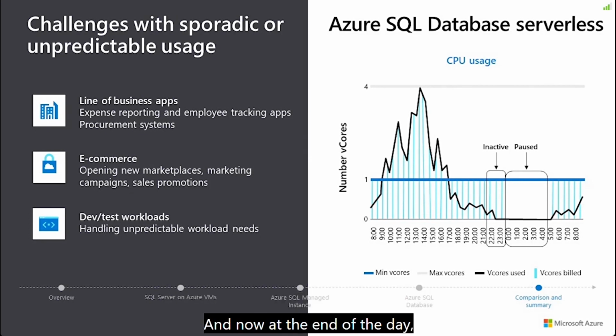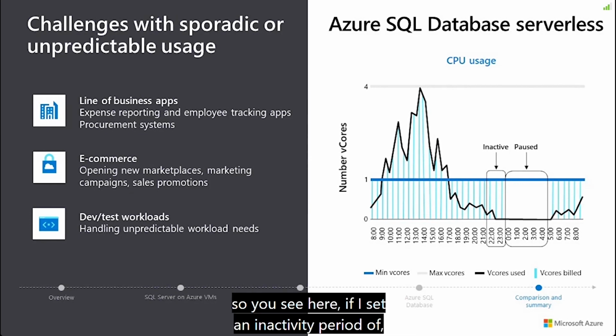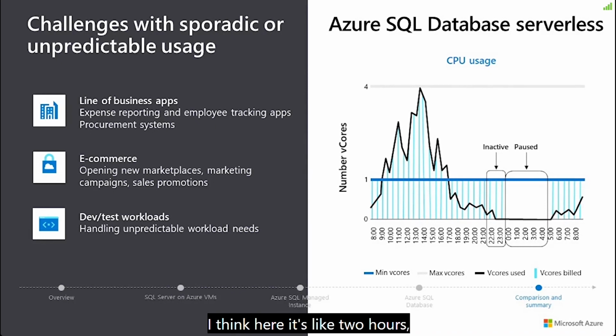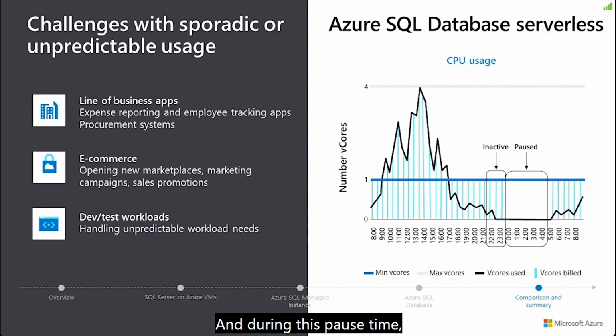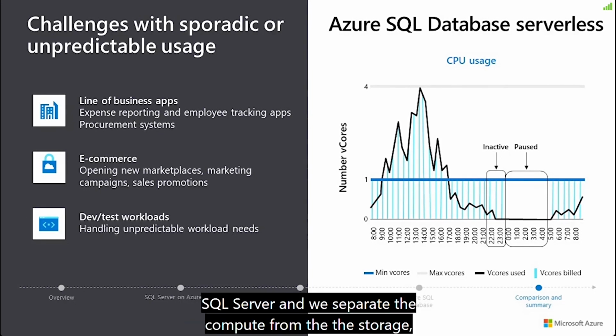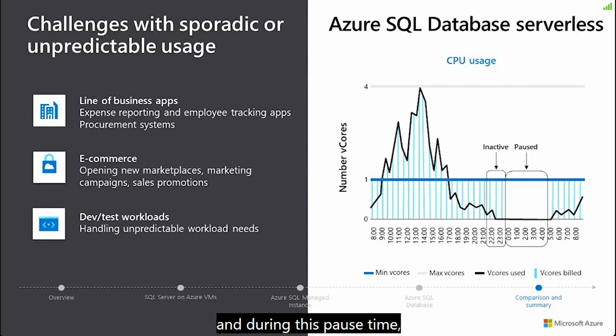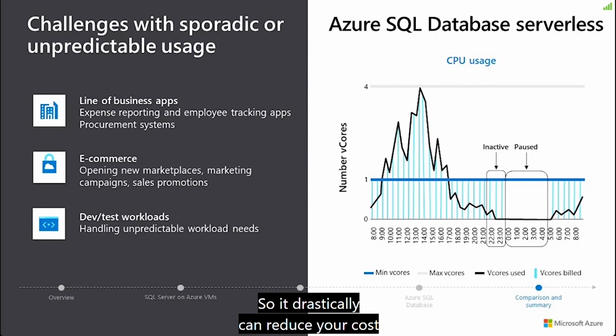And now at the end of the day, so you see here, if I set an inactivity period of, I think here it's like 2 hours, if no one hits the database for 2 hours, then just automatically pause it. And during this pause time, what we actually do is we shut down SQL Server and we separate the compute from the storage. And during this pause time, you're only paying for storage. So it drastically can reduce your costs if this is a scenario that applies to you.